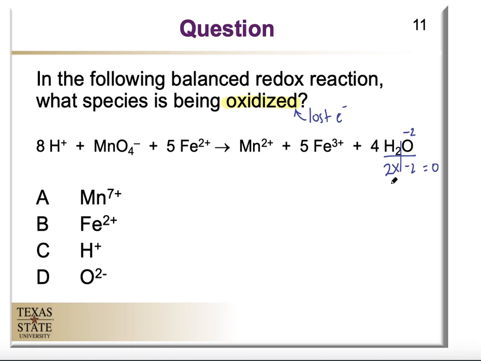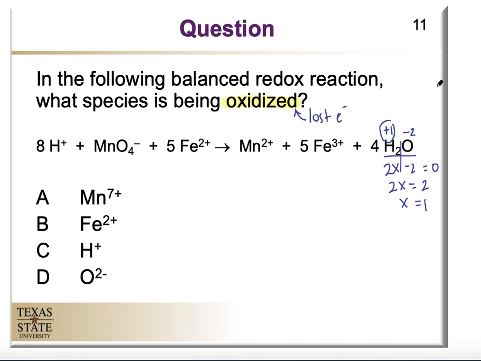And again, you can do it by doing the math here. So 2x minus 2 equal to 0, or 2x is equal to +2, or x is equal to 2 divided by 2, which is equal to 1. Or you can just think about the fact that hydrogen is bonded to a non-metal, and therefore it is +1, right? So in this case, hydrogen did not change. It went from +1 to +1.